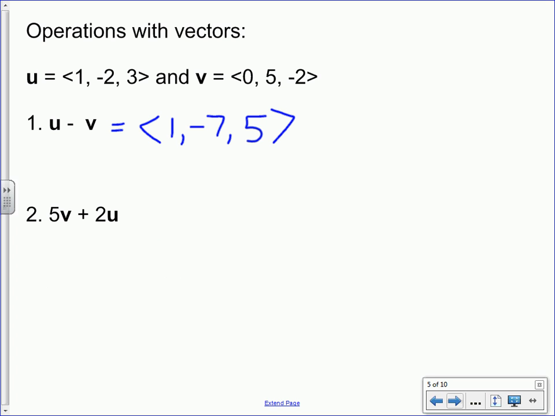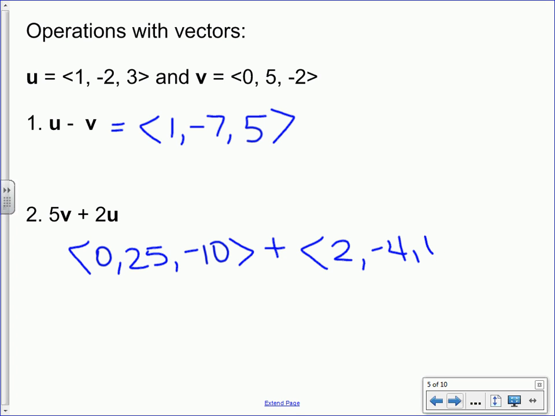I was doing 5u. Thank you. 0, 25, negative 10 would be 5v, right? Thank you for fixing that for me. 2u would be what? 2, negative 4, 6. So then we add them together to get 2, 21, negative 4.